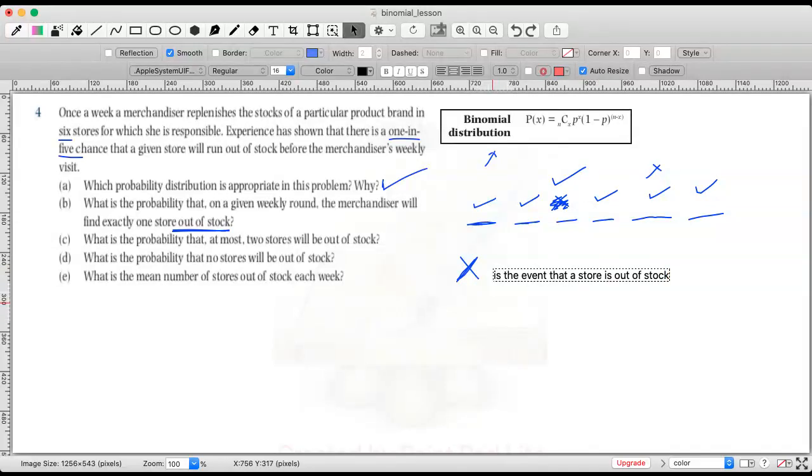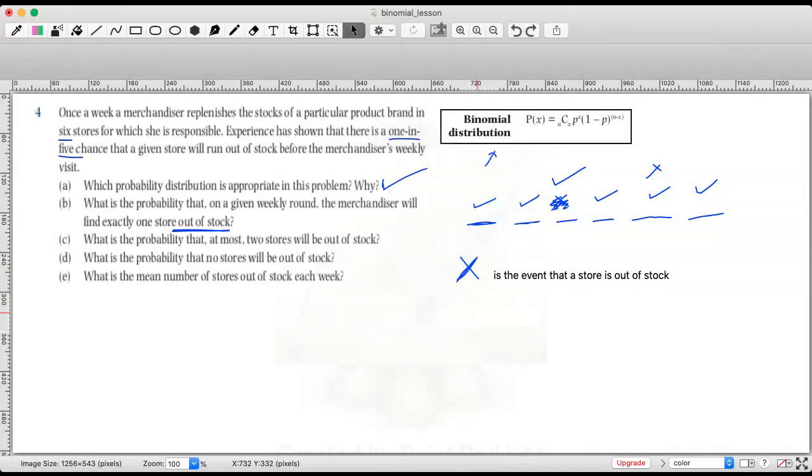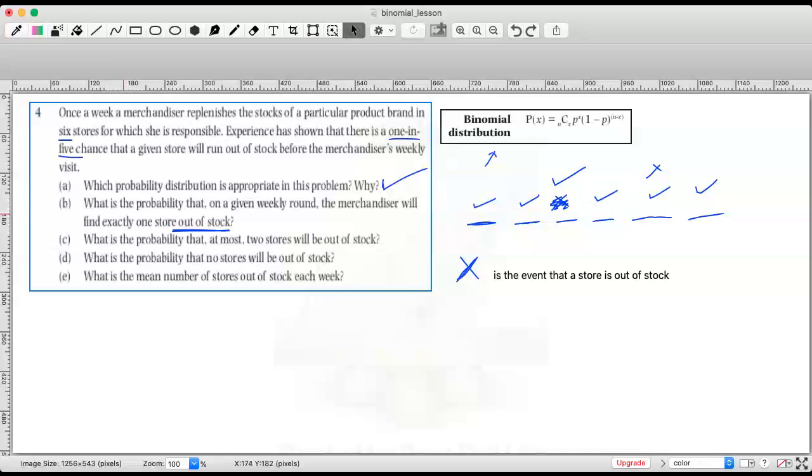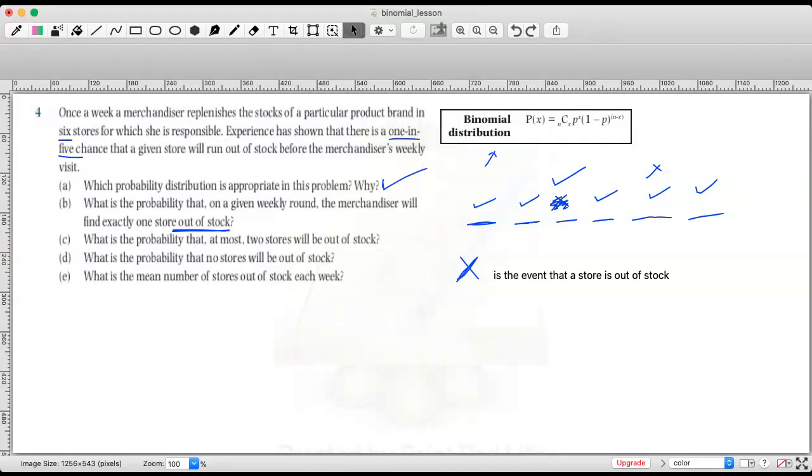Once we've created this X, expressing this as a probability becomes a bit easier, because what they're asking us for question B is, what is the probability that one store is out of stock? Let me write this out.